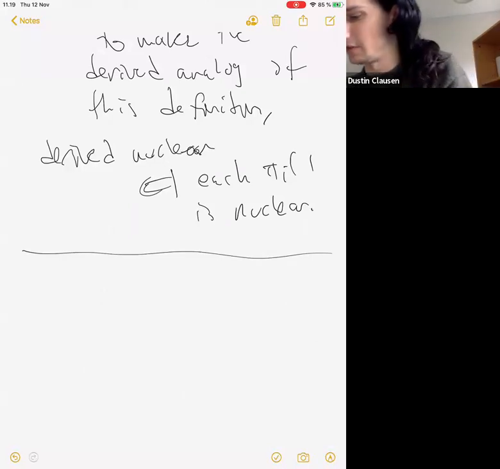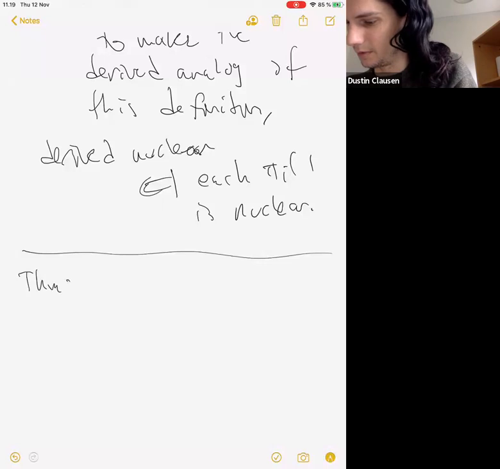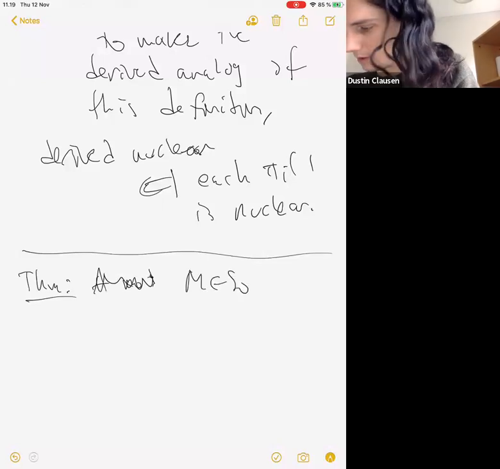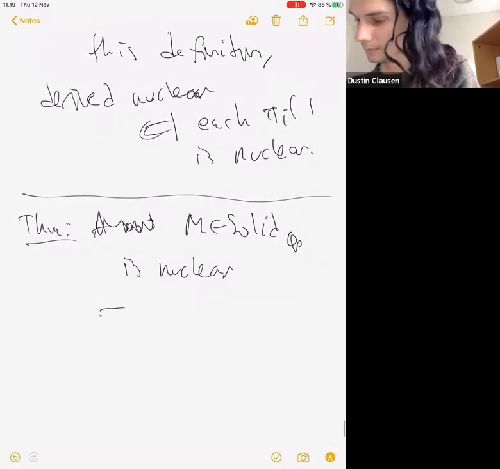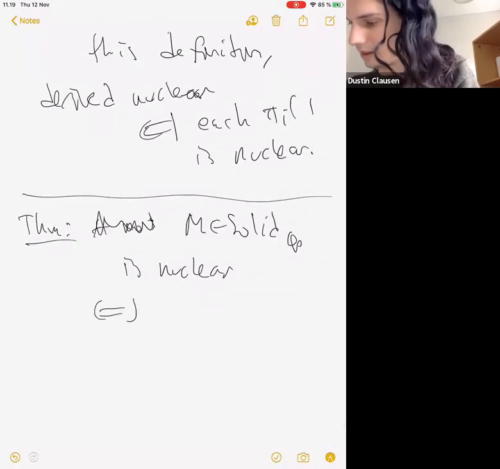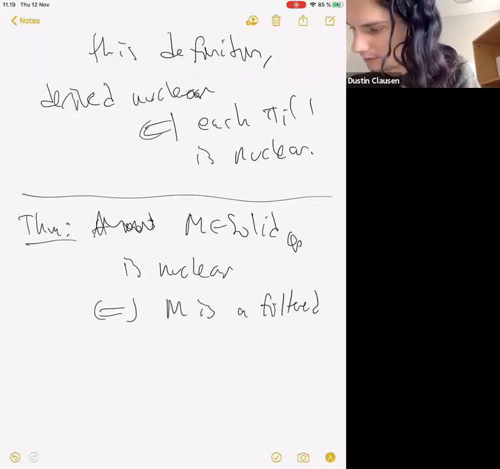The characterization I want to give is the following theorem. M in solid Q_p is nuclear if and only if M is a filtered colimit of quotients of Banach spaces.